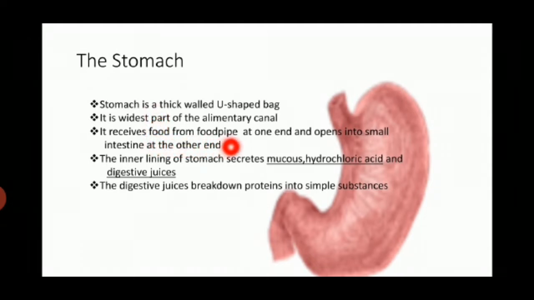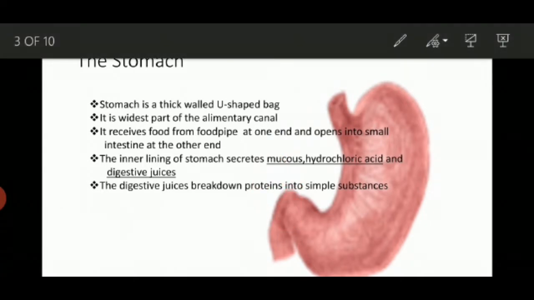It receives food from the food pipe at one end and opens into the small intestine at the other. Just see, it has two openings. One is at the top and another one is at the bottom here. So the top opening is receiving the food from where? From the esophagus, and that food is further passing from the lower ending.